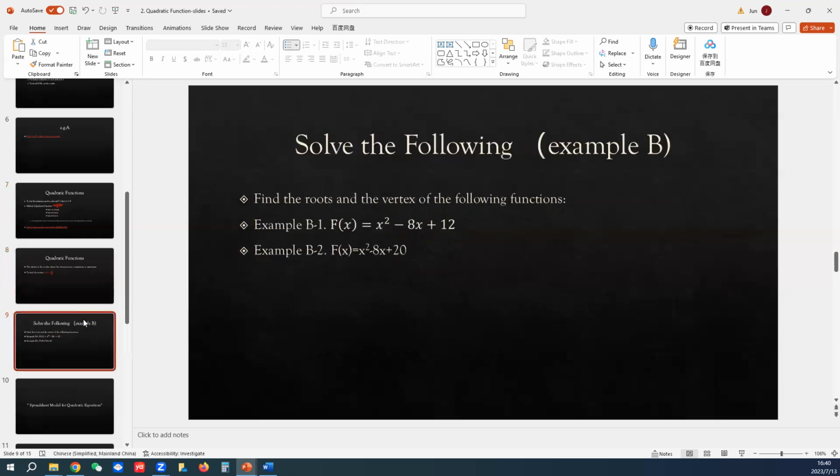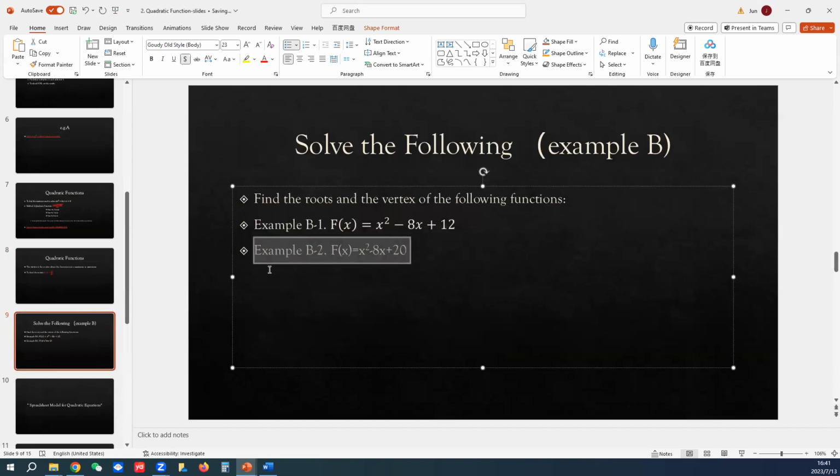Okay, so now let's look at those functions. Okay, I'm gonna quickly add another example, which is essentially the same, with the change of 20 into 16.